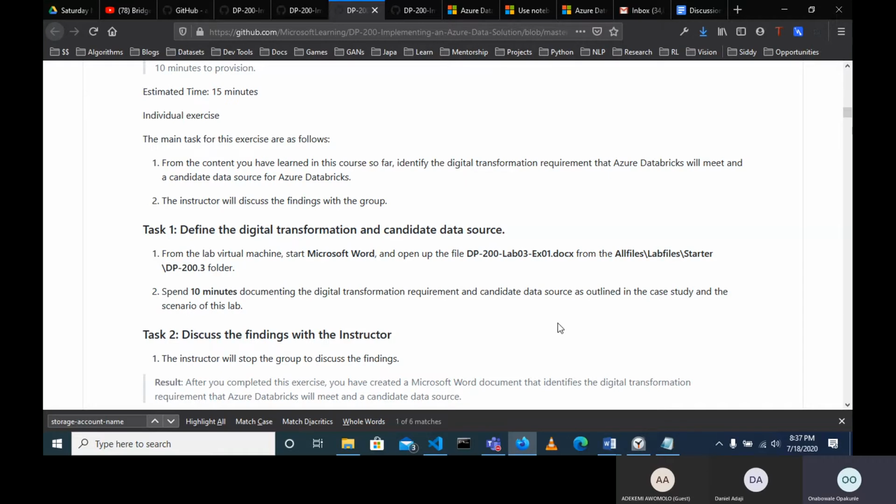The driver and master are just machines, so think of them as different computers, like my laptop and your laptop that you're using to listen to me now. Let's say my own laptop is the driver, Amy's laptop is the master, and Daniel's laptop is a worker, right? So that's what happens.